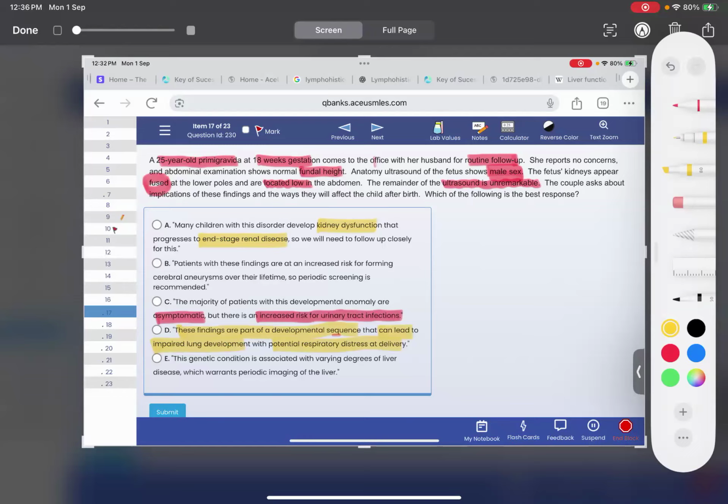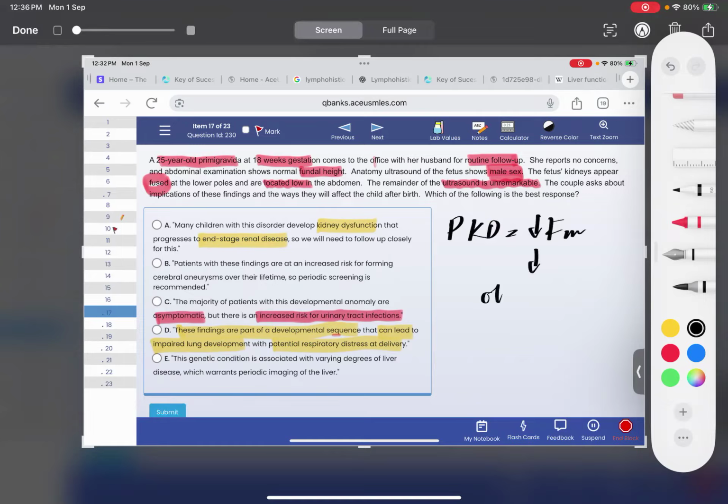They have decreased renal function, with oligohydramnios. Polycystic kidney disease goes to end stage renal disease, and kidney dysfunction develops over decades, or over some time. So they are most likely referring to polycystic kidney disease.